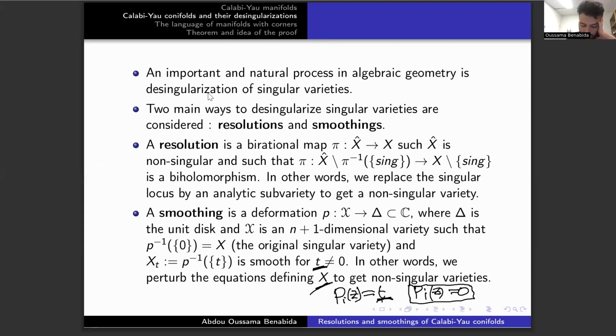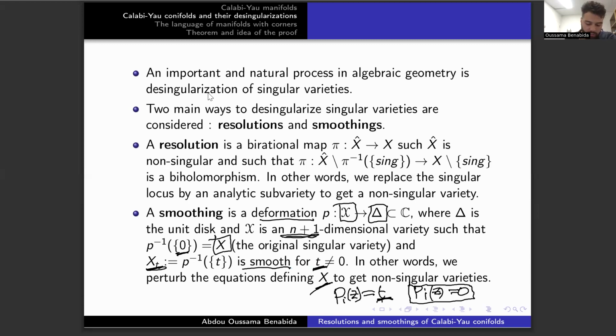A way of describing this is that a smoothing is a deformation from this calligraphic X, which is a variety of one additional dimension, to the unit disk, such that the fiber over 0 is the singular variety X, the original singular variety, and the fibers for t different from 0 are smooth.